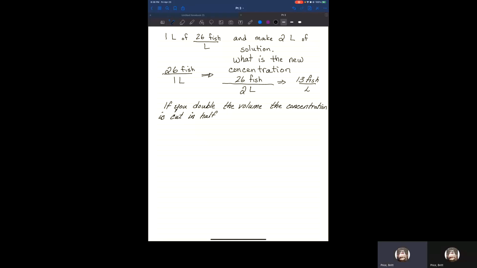Okay. So the two things are inversely proportional. If we go back and look at it purely as a mathematical thing, molarity is moles per liter.